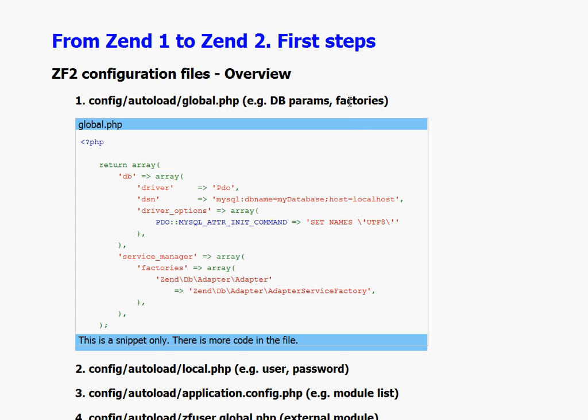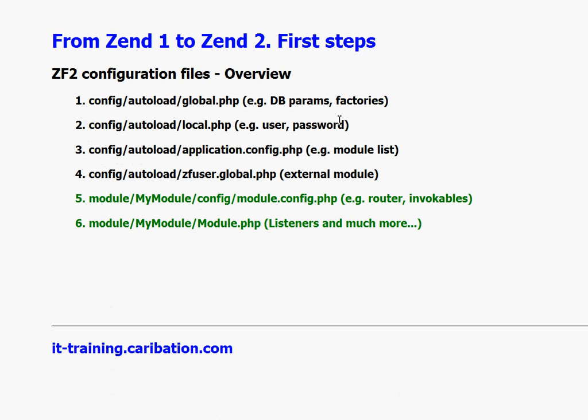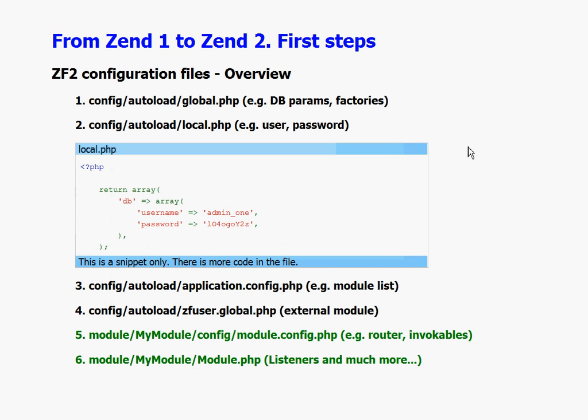Local PHP also has something to do with staging. You have values which are different for production and different for testing. For example, username and password to access the database.